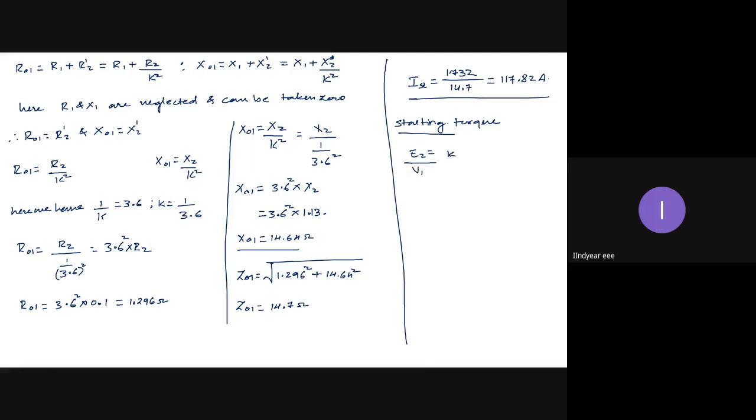E2 by V1 is equal to K. So E2 is equal to K into V1, which is 1 by 3.6 into, sorry, not 3000, V1 per phase 1732. So this is my E2. 1732 divided by 3.6 is 481.1 volts.